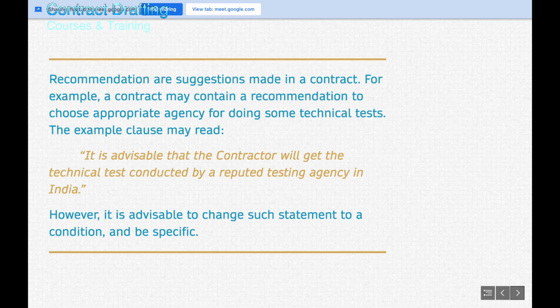It can be a reputed testing agency having experience in XYZ field, but it is always suggested to change a recommendation to a condition. And instead of saying that it is advisable, we can simply say the contractor shall get the technical test conducted by XYZ agency in India.